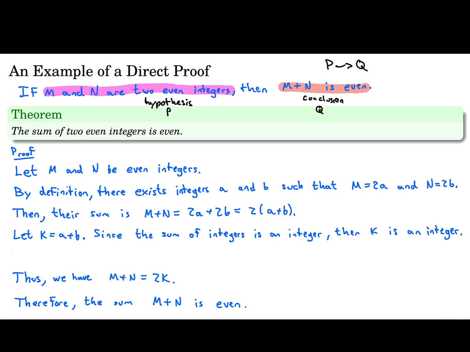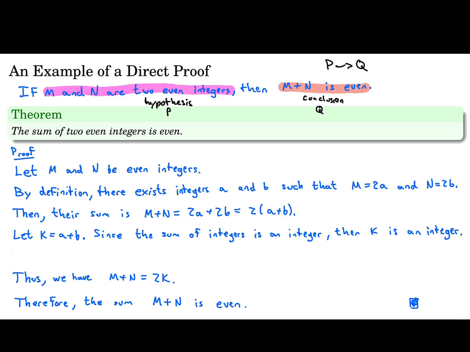And thus we have M plus N is equal to 2K, where K is an integer, and therefore the sum M plus N is even. So our proof is done. Let's go over our proof again just to check.